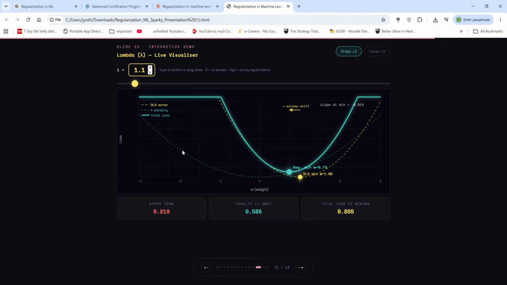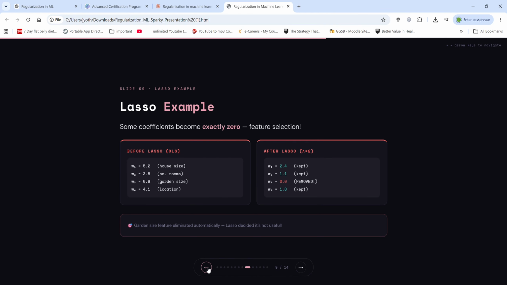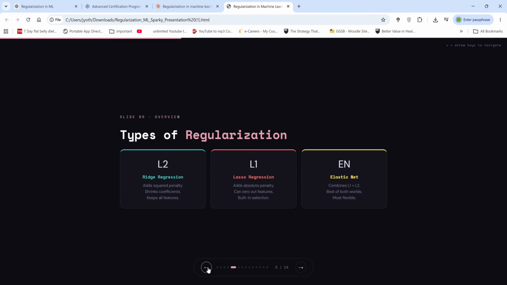Now there are three types of regularization we have. I will just move on to them. What are the three types? We have L2 regularization, that is ridge regularization. We have L1 regularization, and we have elastic net regularization.